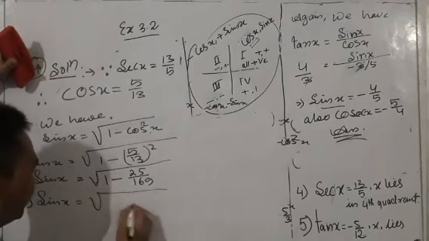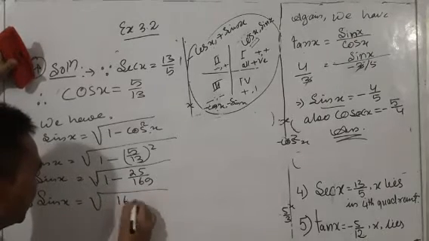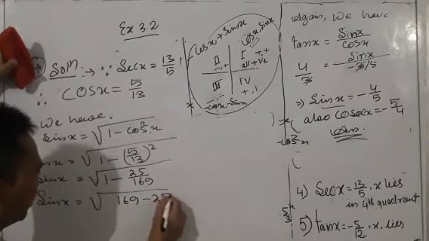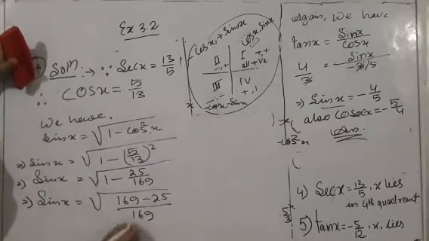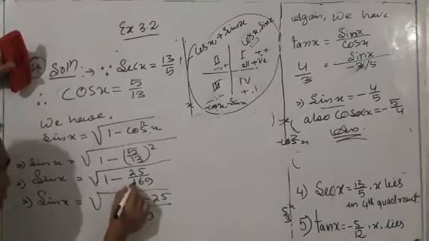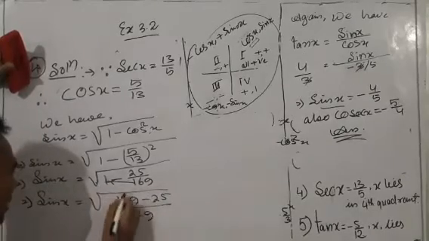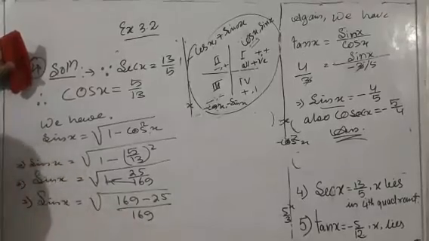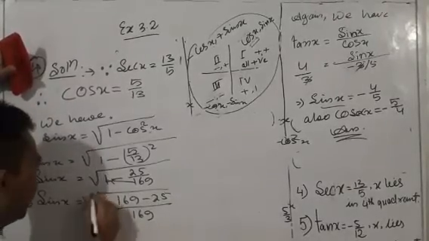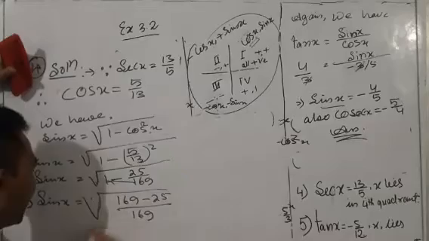So take the LCM. LCM is what? 169. Okay, take the LCM. Then multiply this one with this, so it will be 169 times 1. So it remains the same. Yes or no? Okay, and subtract it.